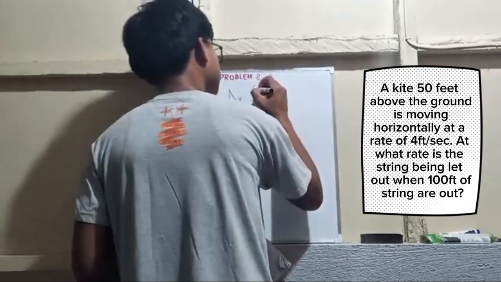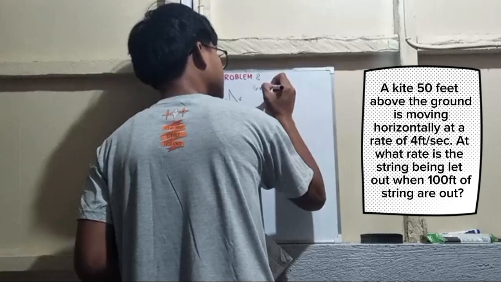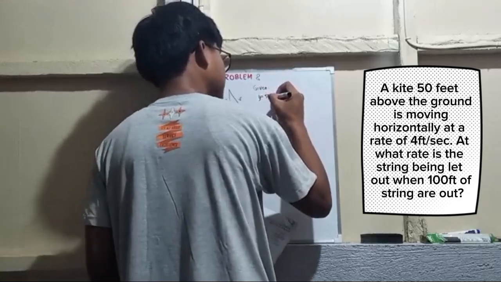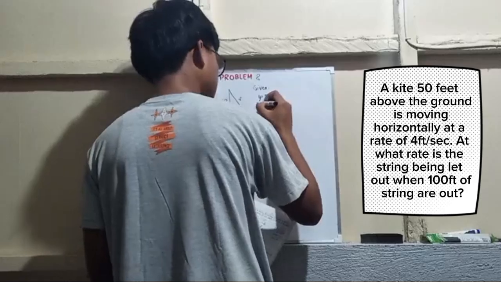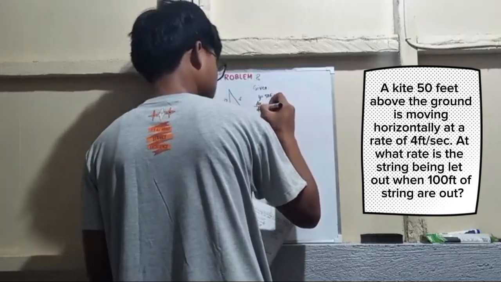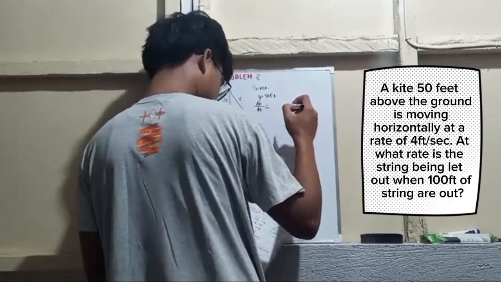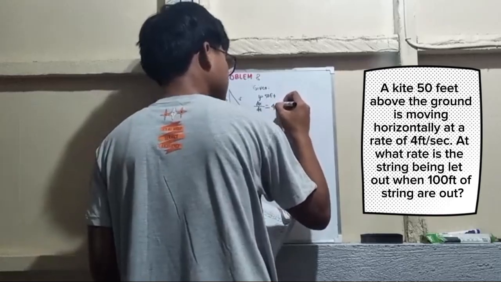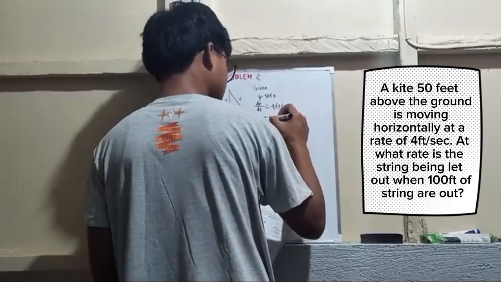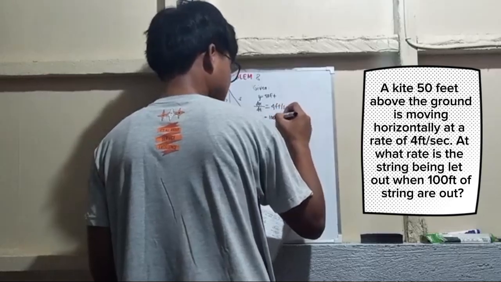So we are given y is equal to 50 feet, our rate dx over dt is equal to 4 feet per second, and s is equal to 100 feet.